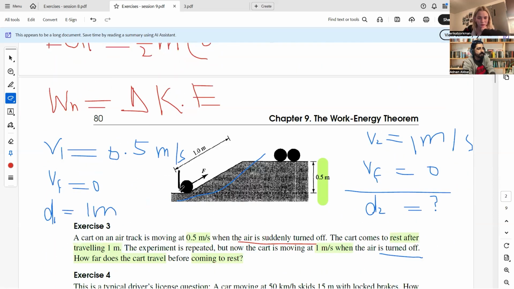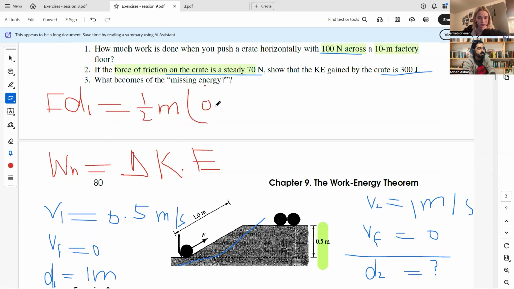It is not the final, it is the initial velocity. So half m multiplied by 0.5 squared, and we need to simplify it.